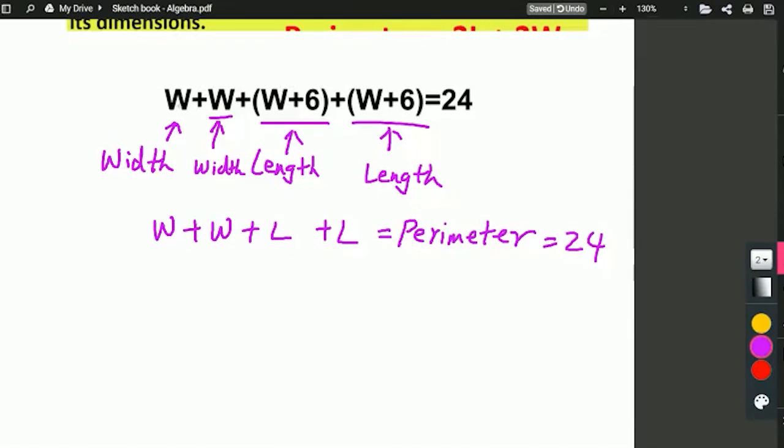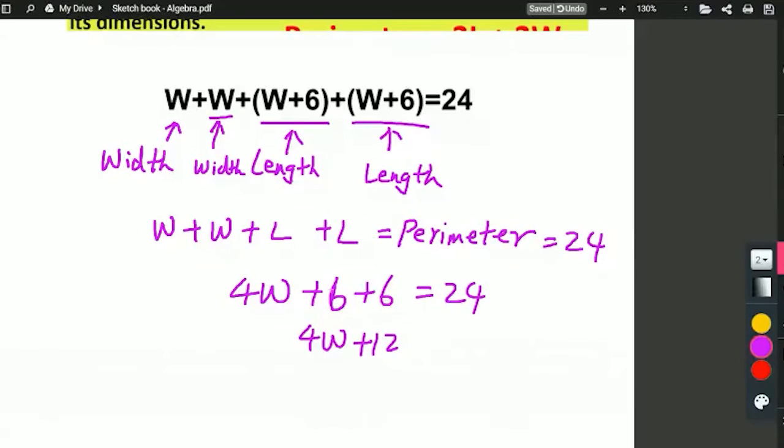From here, that's 1, 2, 3, 4, so that's going to be 4W plus 6 plus 6 is 24. 6 plus 6 is 12, and that's 24.